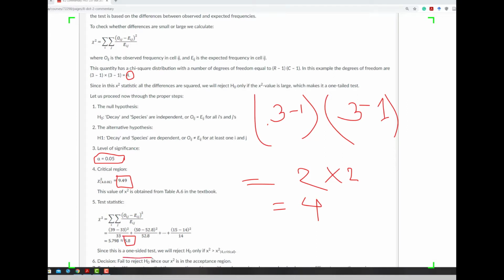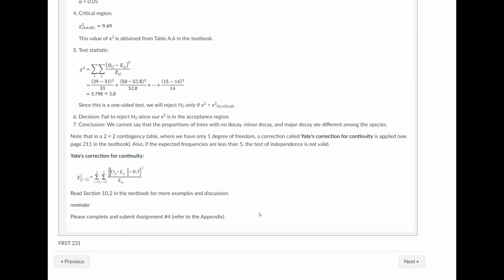Since this is a one-sided test, you can see that it's already in the acceptance region, which means we fail to reject the null hypothesis. So what do you think? Are they independent or dependent? We can say that they are actually independent. That means there is no dependency based on the hypothesis test we performed.